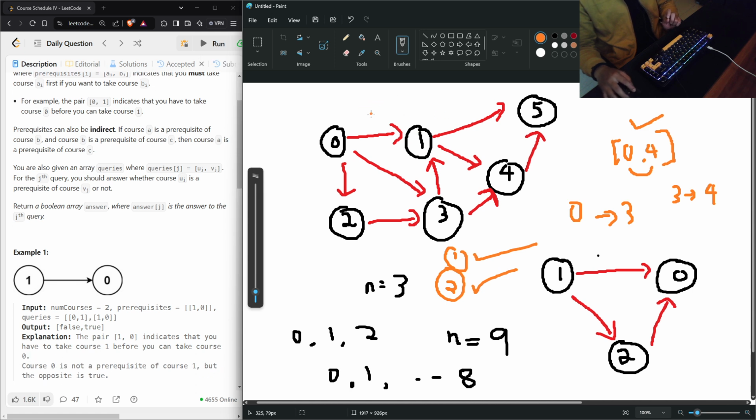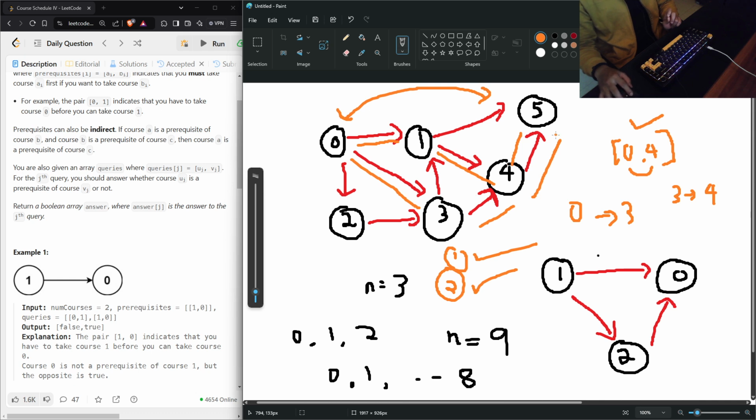They could have also asked for nodes 0 and 5. Now nodes 0 and 5 are not connected directly, but they are connected indirectly via node 1 right here. Or you could also take this path right here, 0 to 1, 1 to 4, and then again 4 to 5. Or there is another path, 0 to 3, 3 to 4, and 4 to 5. So these are all the possible paths that they have.